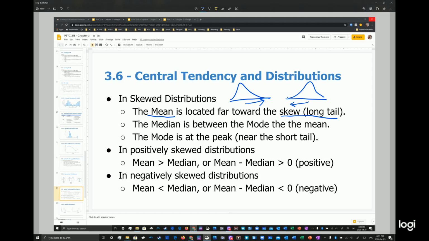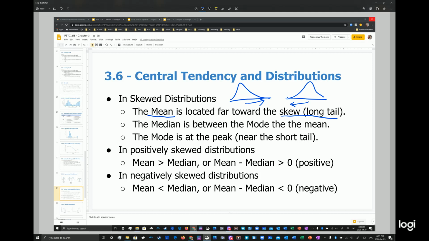The median then would be between the mode and the mean. So the mean is the one that always moves. And we talked about how sensitive the mean is when the distribution shape changes. The mean can also change when the scores change, but we're focusing on skewness right now. When there's a skewness, the mean moves towards the direction of the skew. And we explained that.